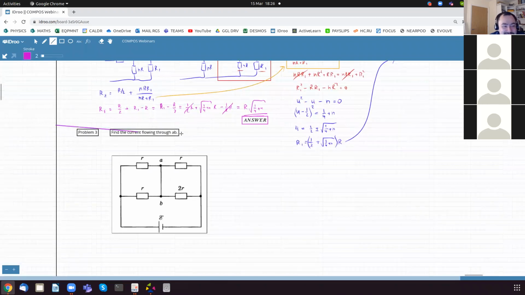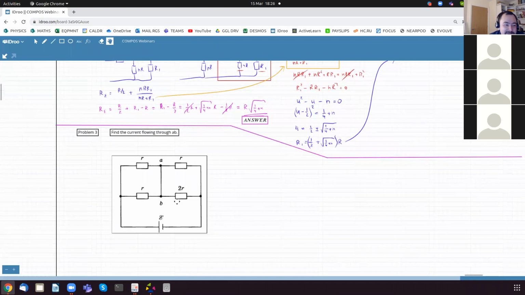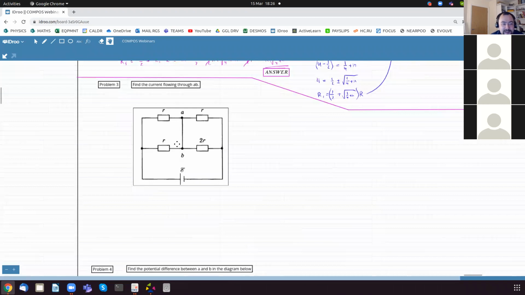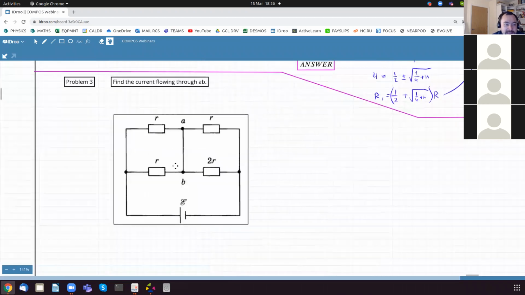Right. So this one. Find the current flowing through AB. Now, this is where we need to use Kirchhoff's laws, Kirchhoff's rules, Kirchhoff's circuit laws.